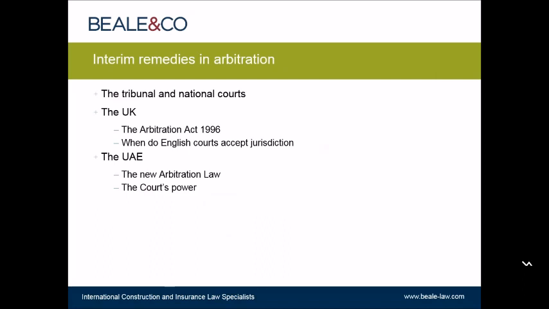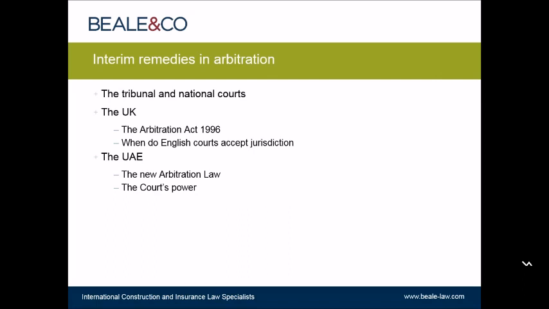Now, interim relief in arbitration is granted by the tribunal or by national courts and includes orders of attachment, injunction, or other provisional orders. Most institutional rules empower an arbitral tribunal to issue interim orders.